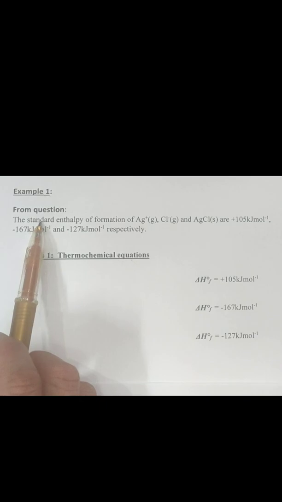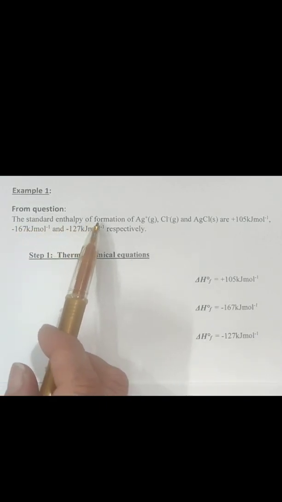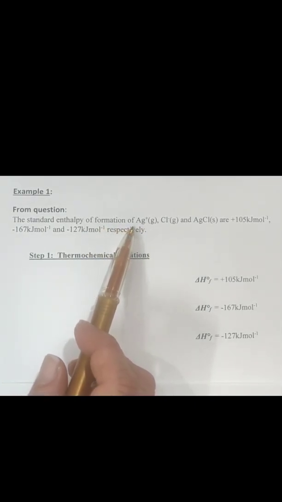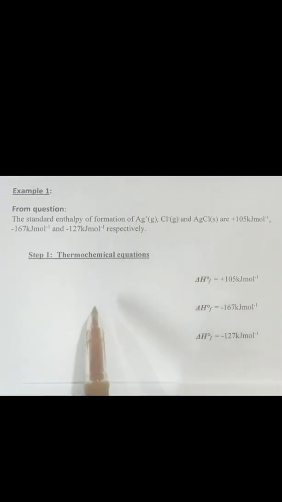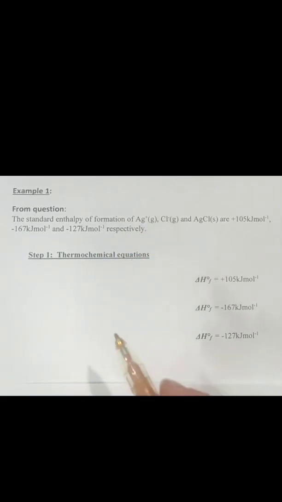So, for the first statement, the standard enthalpy of formations of silver ion. What is the meaning of standard enthalpy of formations of silver ion? We already memorized it, right?